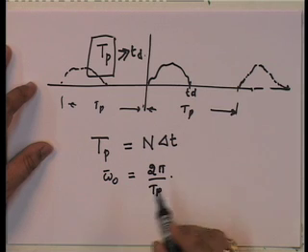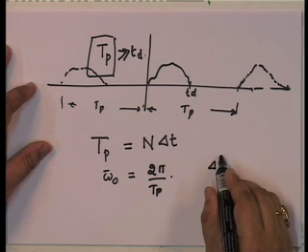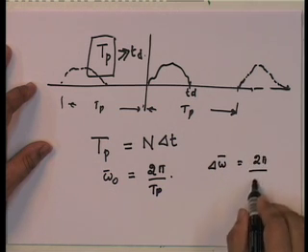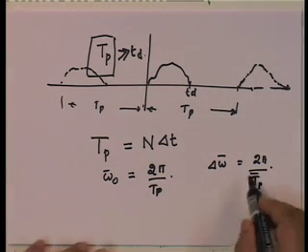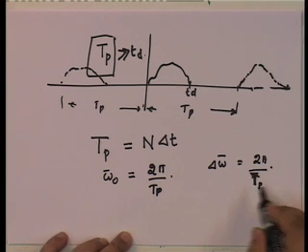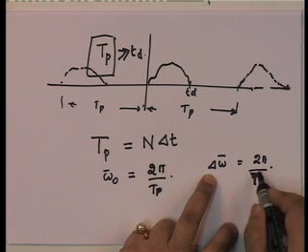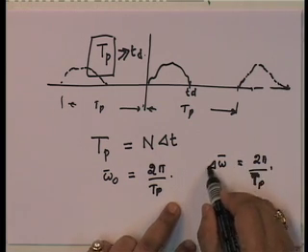Since T p is large, I will call this my delta omega bar. Okay, because if T p tends to infinity, this becomes d omega bar, right. So, in other words, if T p is large, this becomes my delta omega bar.